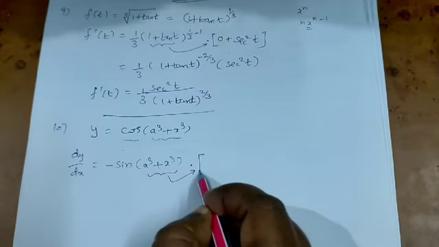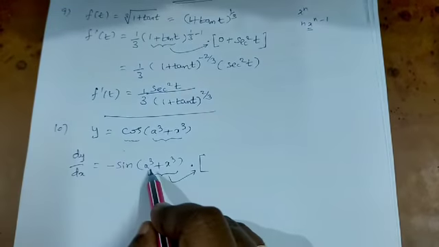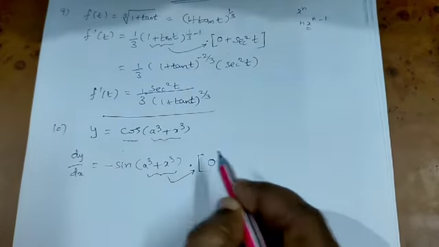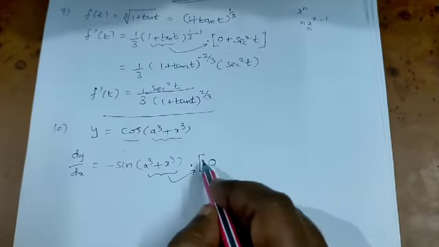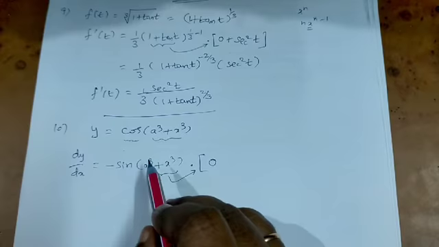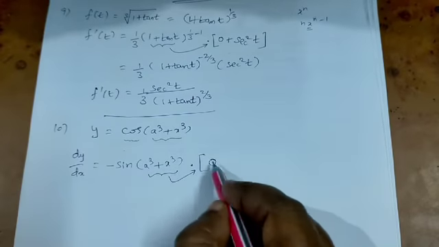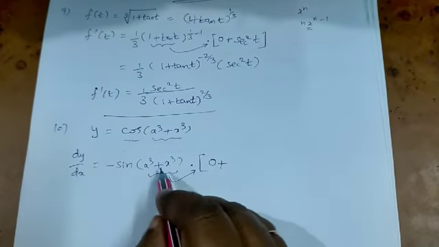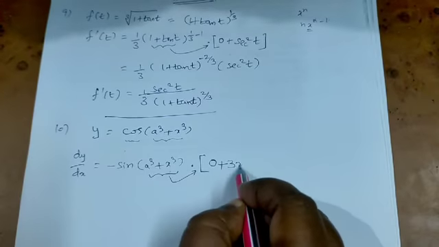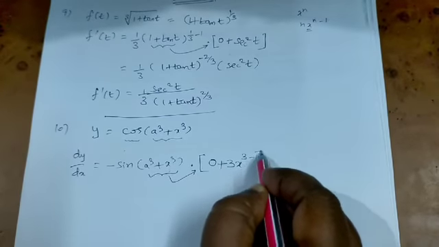Differentiation by chain rule: a cube, a is constant, so differentiation of a cube is 0. Except x, everything else here is constant. So differentiation of a cube is 0 plus differentiation of x cube, x power n, n x power n minus 1.